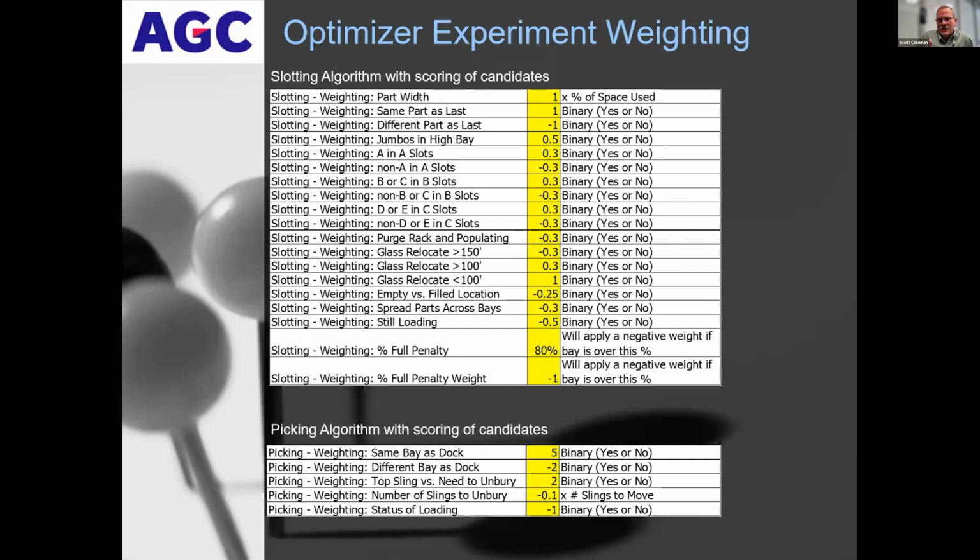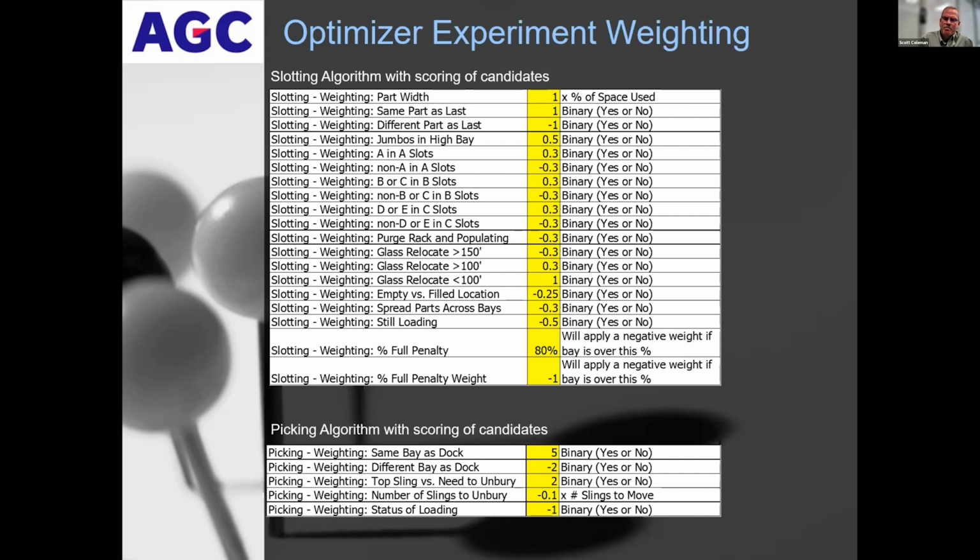The daily maintenance was trying to clear out rack locations by saying, okay, I've only got 2 or 3 slings left here, so I'm going to move them from this location to that one to free up the whole location, because we were maintaining FIFO. Once you had product in a location, we would try to empty that out completely before we started putting something else into it, to keep from having to unbury things.